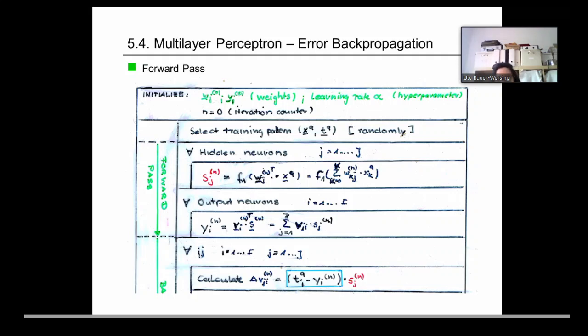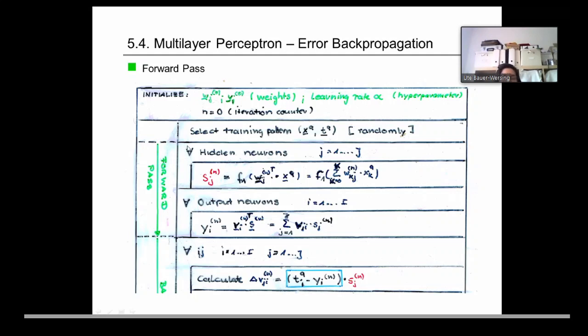This was not so important for the perceptron, where we had a pattern-based learning algorithm. This was also the case for the Adaline, where we used the error function over all training sets, so we didn't have to do this step. But here we have to select the training pattern randomly.